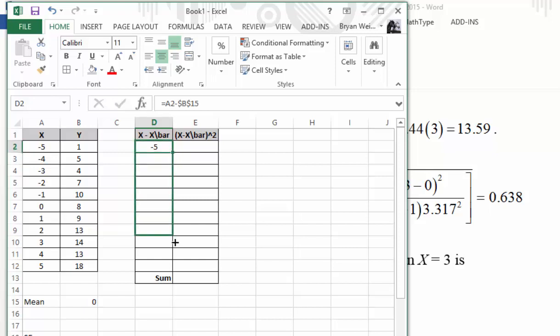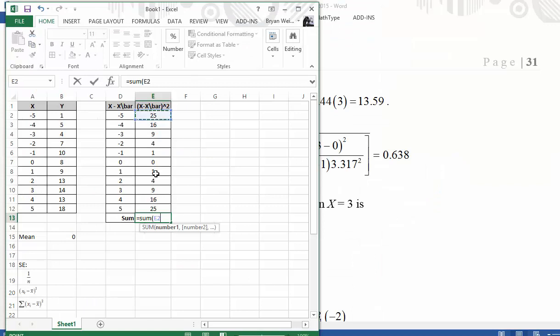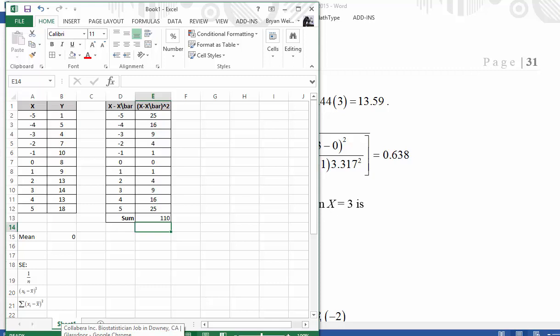Make sure that you freeze that cell. There we go. Now we want to square that difference, and then we'll sum up this column. This is going to give us the denominator underneath our square root.